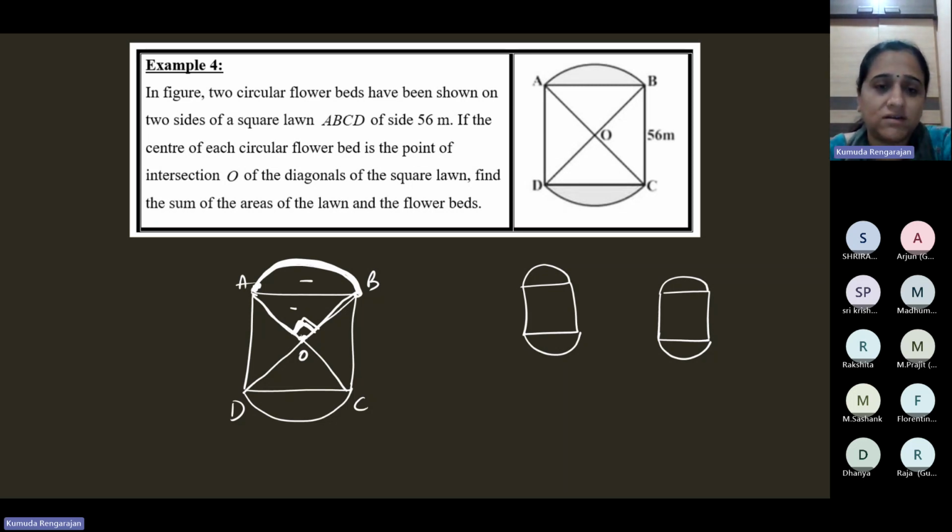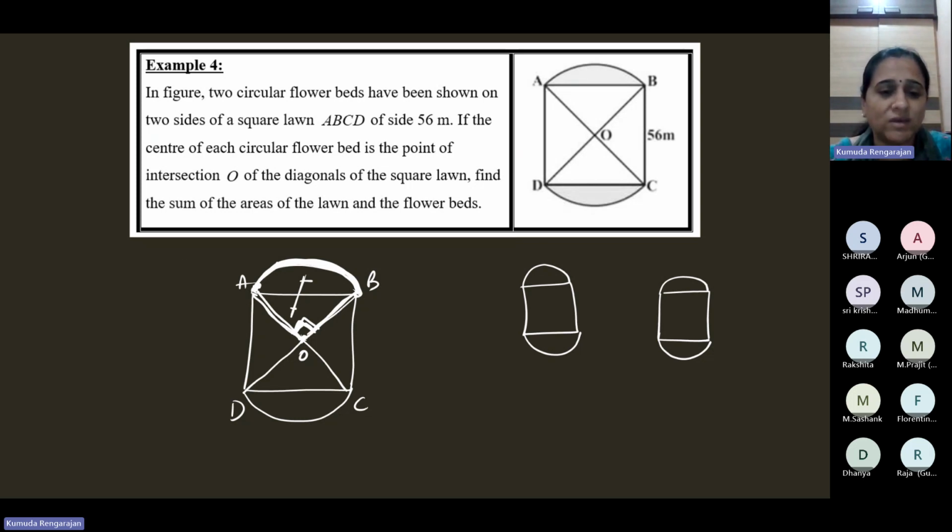because it's given that O is a center. So arc AB subtends 90 degrees at the center. So this one is a sector with sector angle 90 degrees. Sector, because you can see radius and arc. Now, how do we regard OA and OB as a radius?